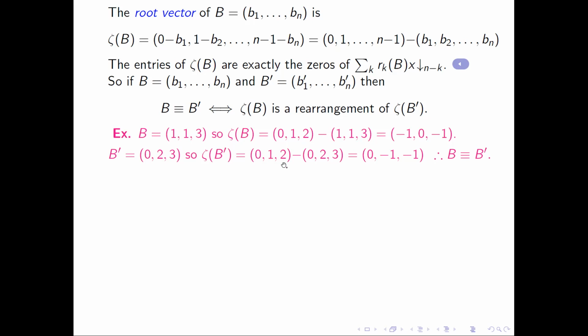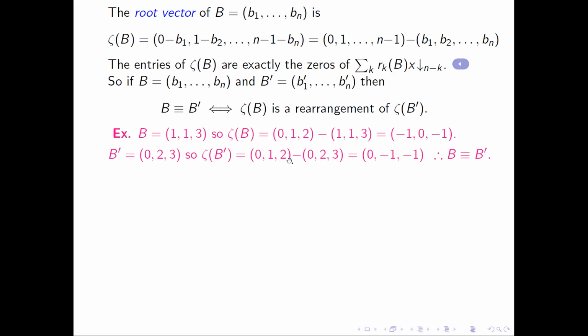I'll explain in a minute why. Well, okay, I'm trying to make it so that these boards have the same number of coordinates, just to compare the two, right? So I padded a 0 on the front of this, and you'll see later on why we end up doing that. But anyways, 0, 1, 2 minus 0, 2, 3, of course, I just end up with 0, right?